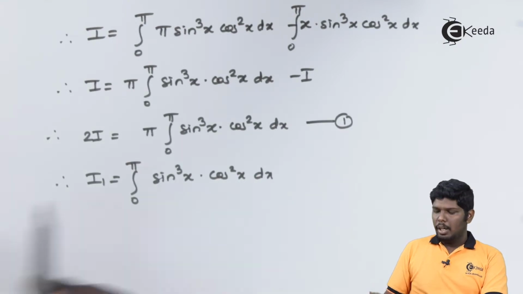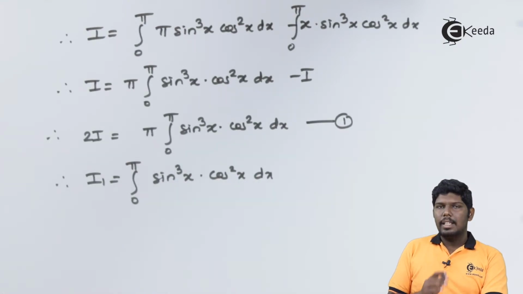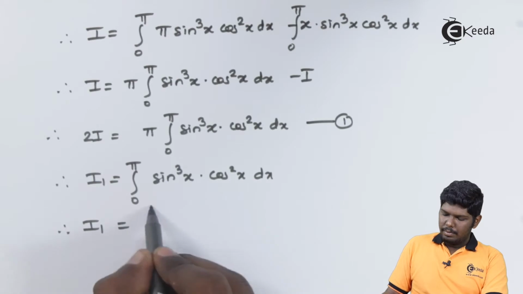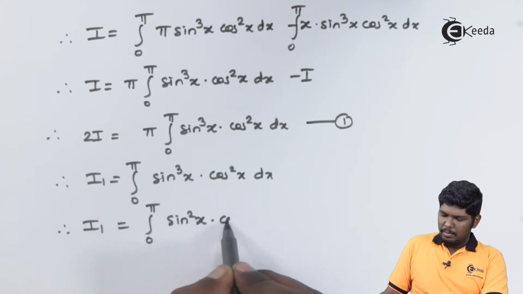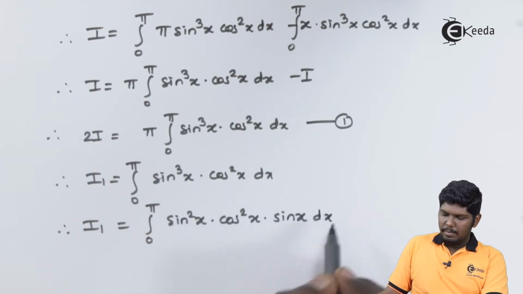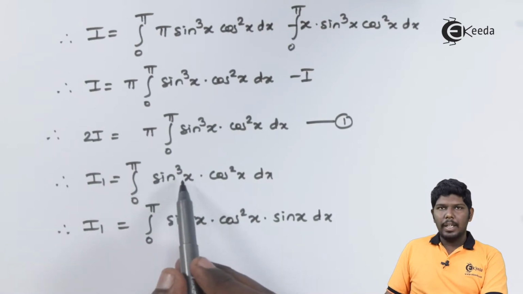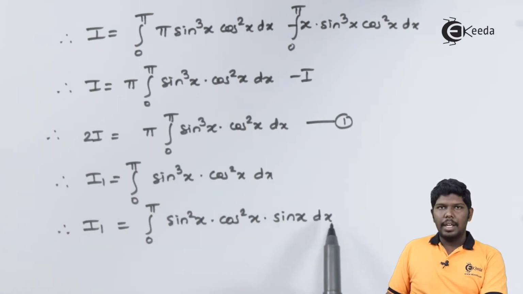So let us try to split sin cube x as sin square x into sin x, and further that sin square x can be converted directly into cos using the identity, that is sin square x plus cos square x is equal to 1. So we have written sin cube x as sin square x into sin x dx.